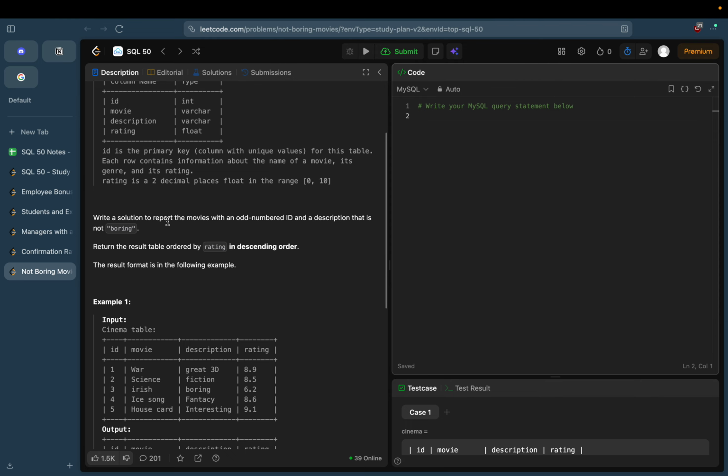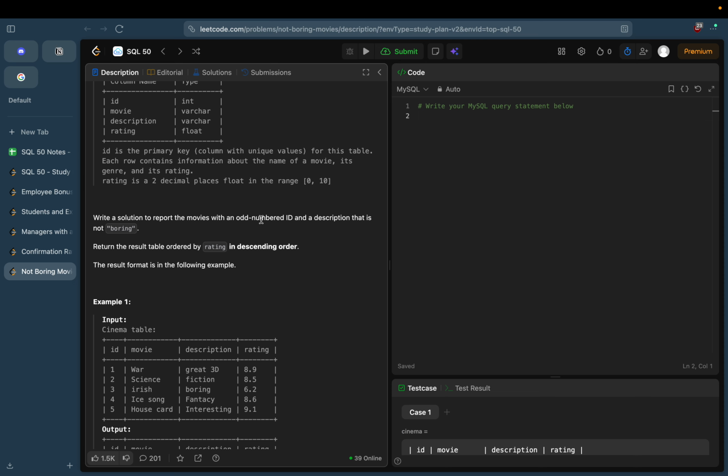Write a solution to report the movies with an odd numbered ID. Alright, this is where aggregation functions are being used. We want to filter only the movies where the IDs are odd numbers. In programming, this can be done using the modulo function, the percentage symbol on the keyboard, where if we modulo any number by 2 and get a remainder of 1, that means it is an odd number.